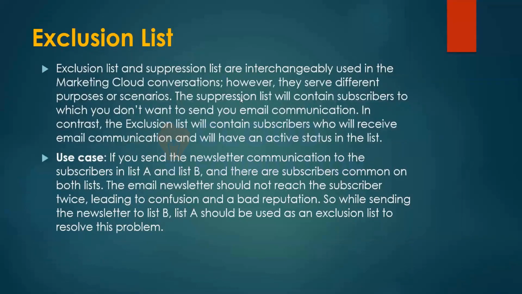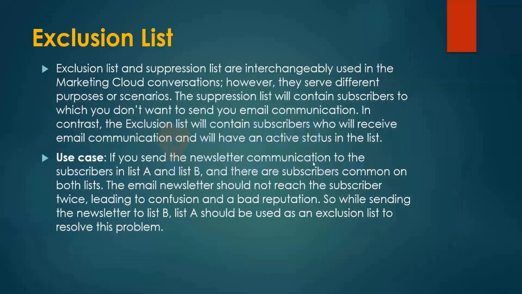The suppression list contains subscribers to whom you do not want to send your email communication. You categorize those emails as ones you do not want to send communication to. The exclusion list will contain subscribers who will receive email communication and have an active status in the list.